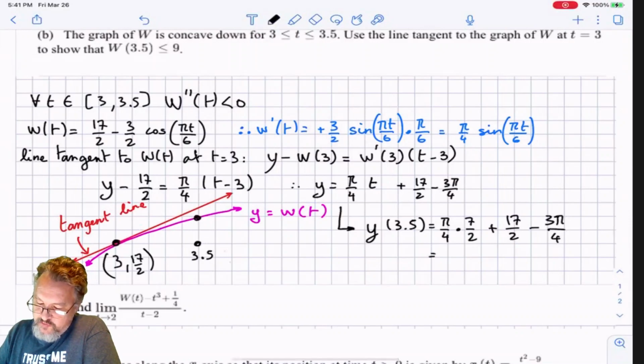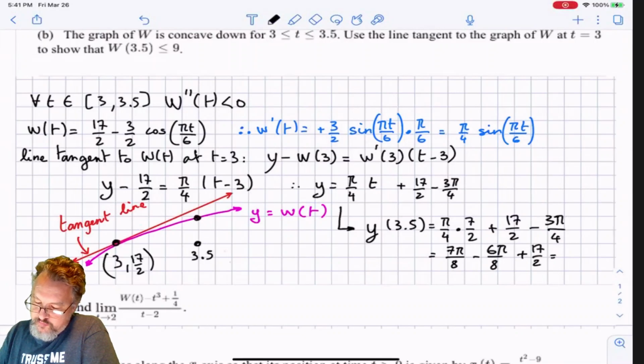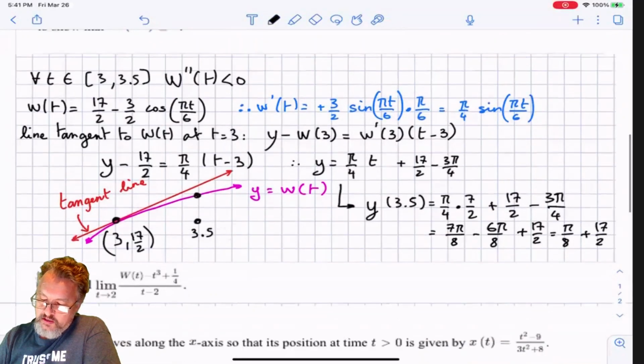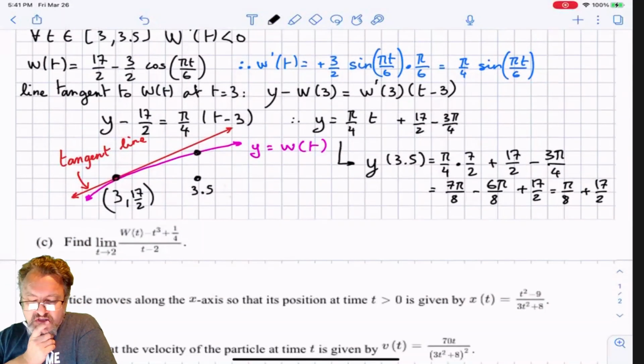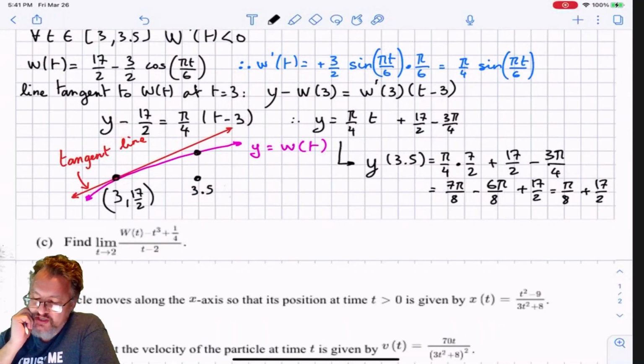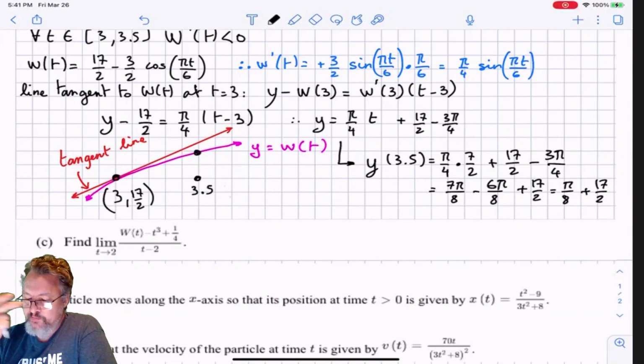So that's going to give me 7 pi over 8 minus 6 pi over 8 right here plus 17 over 2, which is essentially pi over 8 plus 17 over 2. Now, if I approximate those things, I know that 17 over 2 is 8.5.